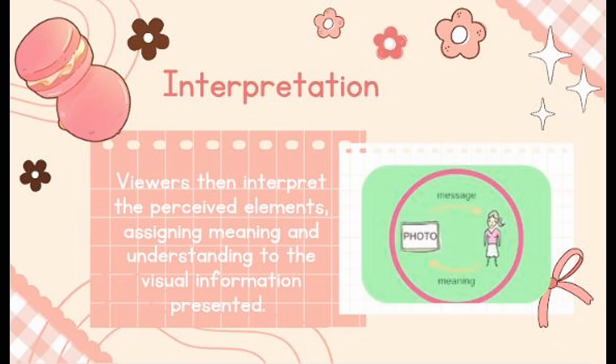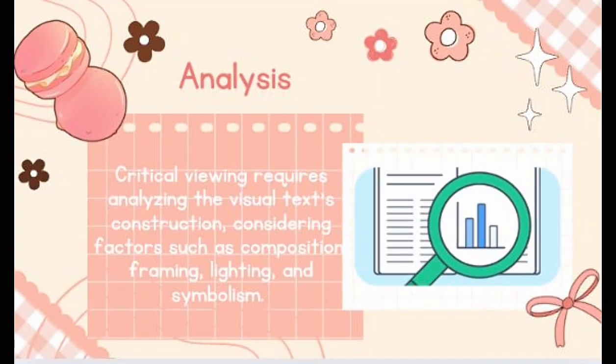In interpretation, we understand that it is an apple because we've seen an apple before and know what they look like. Interpretation is like making sense of those words or things, and we put them together to understand the meaning being presented. Okay, let's proceed to the analysis.